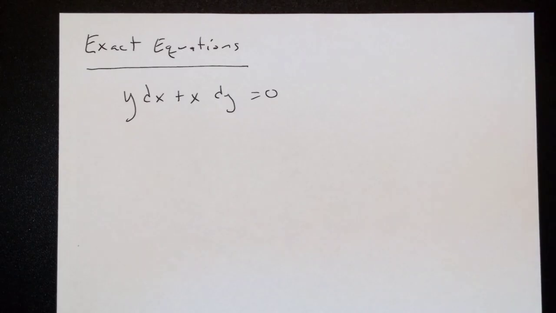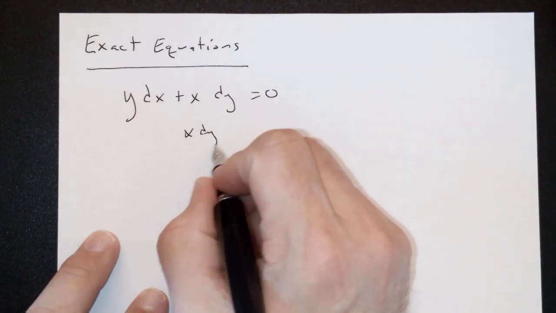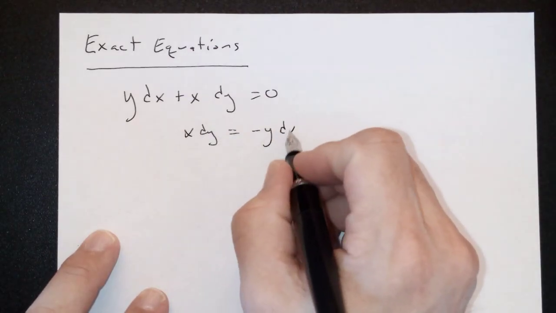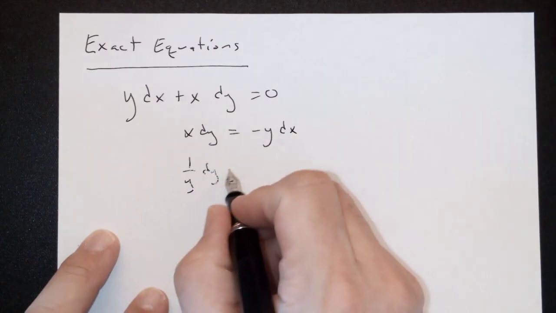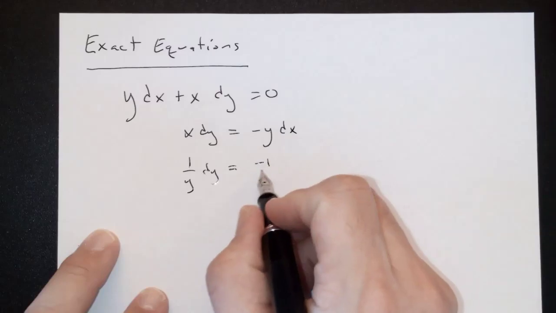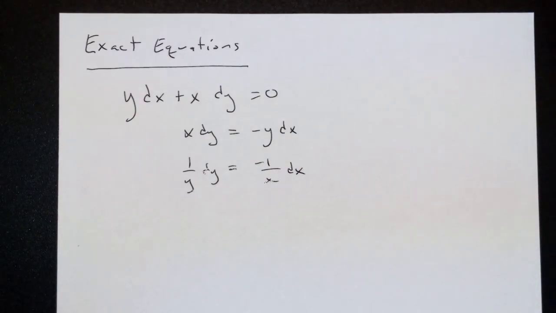Okay, if I'm going to do it separable, I need all the x's on one side and the y's on the other. Then I integrate.